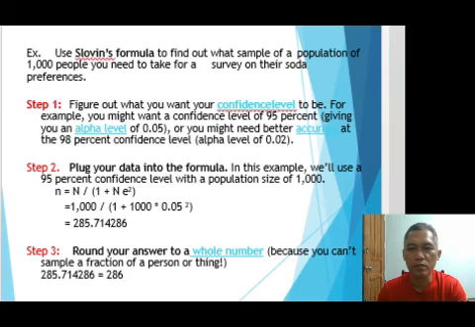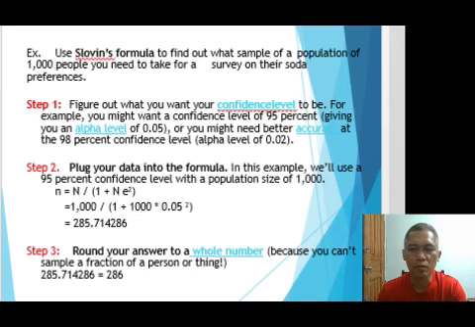Here's an example. Use Slovin's formula to find out what sample of a population of 1,000 you need to take for a survey on their soda preferences. First, the researcher will consider what confidence level he wants.